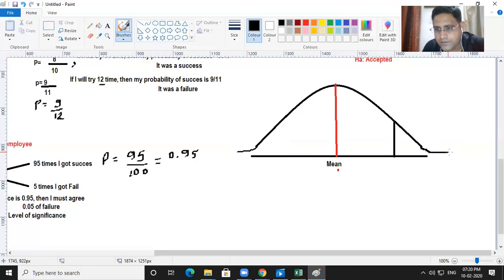It will never meet this line, it will go parallel later on.